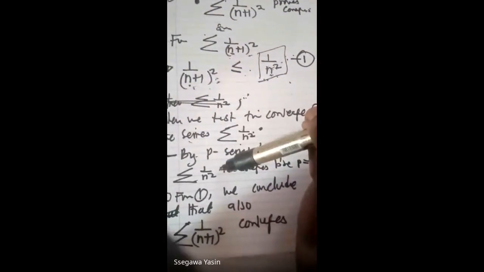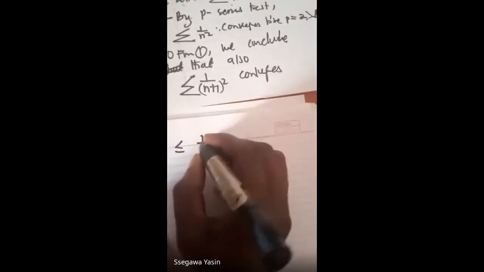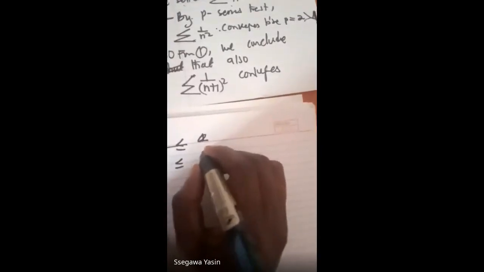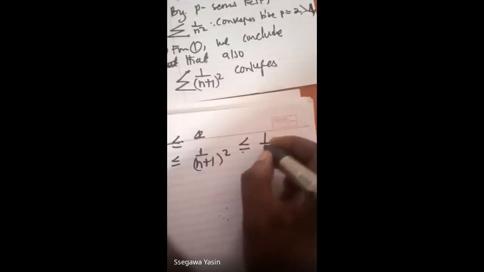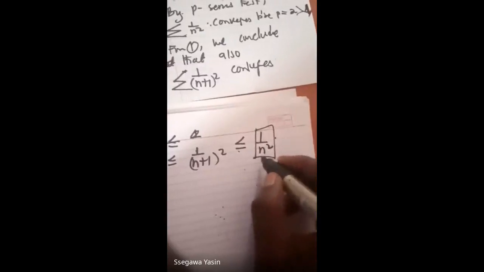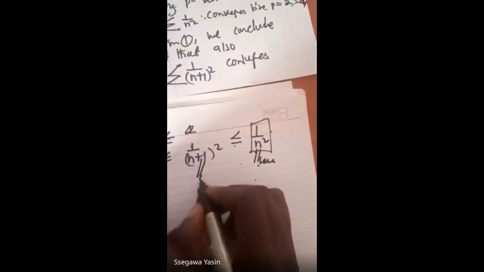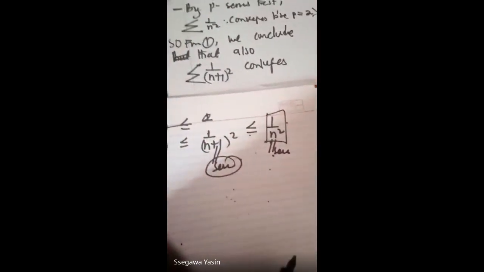And since I can write these sequences in this form, 0 less or equal to 1 over (n plus 1) squared less or equal to 1 over n squared, which is what we wanted, then since this series converges, also this one must converge. So that is what we are testing.